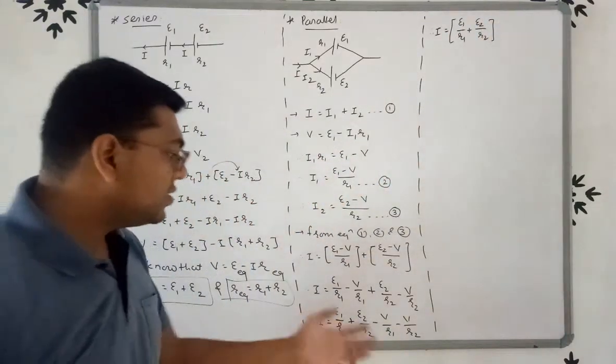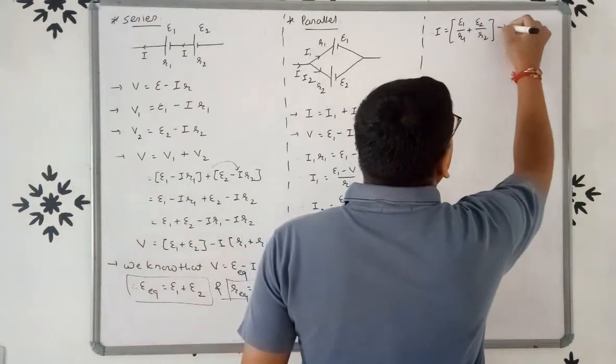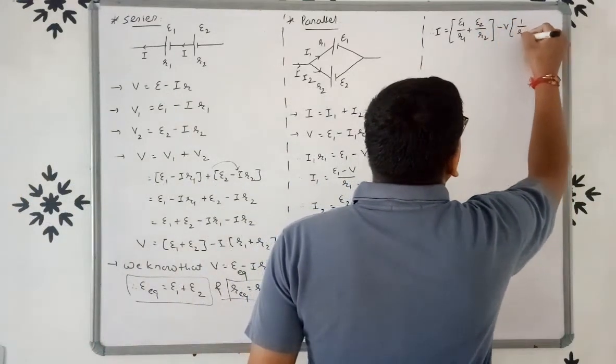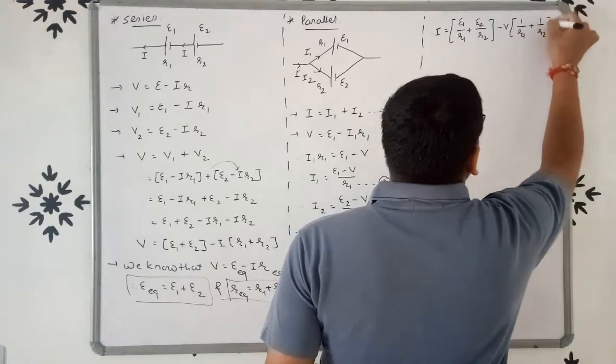Here V is common, so we take minus V common: 1 upon R1 plus 1 upon R2.